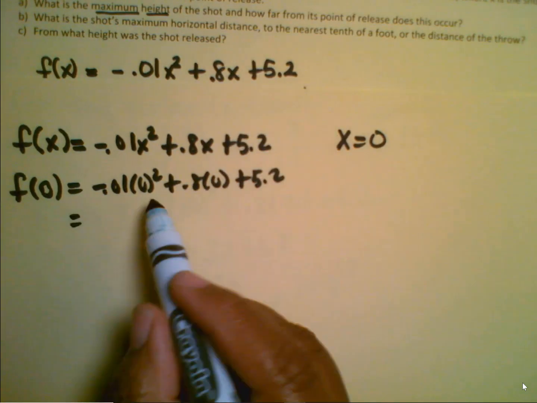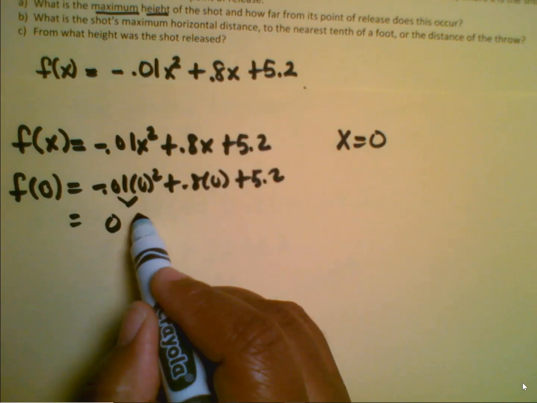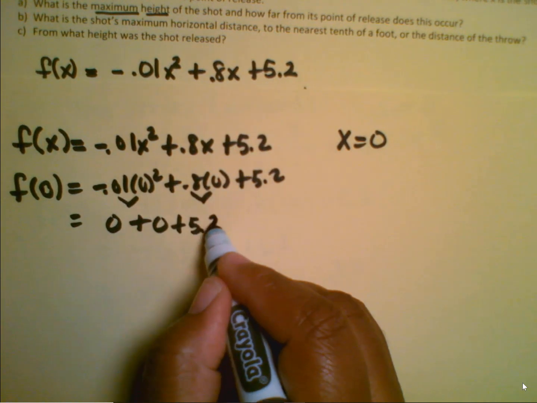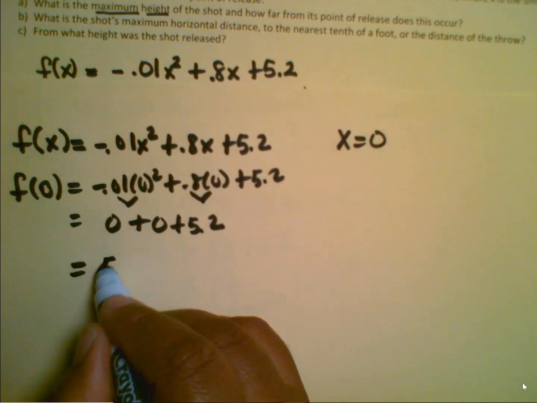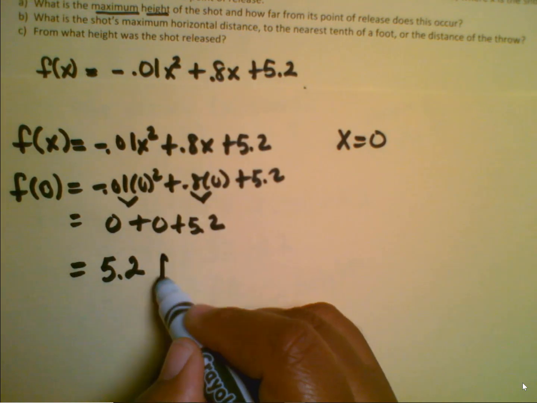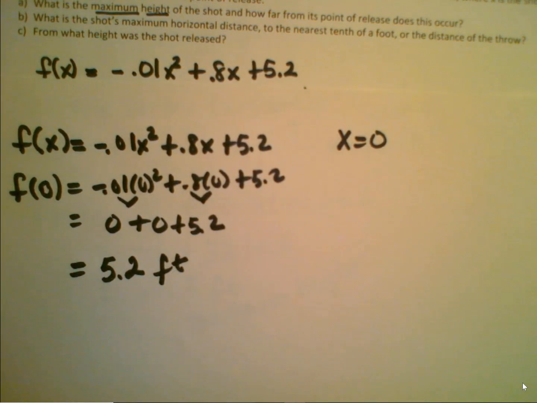And we know that this will give us 0 plus the second term is 0. And then we have plus 5.2. Add those together, 5.2 feet would be the height when the shot was released.